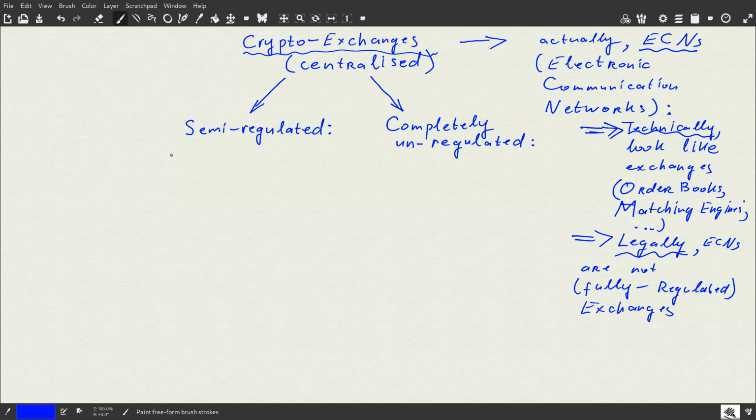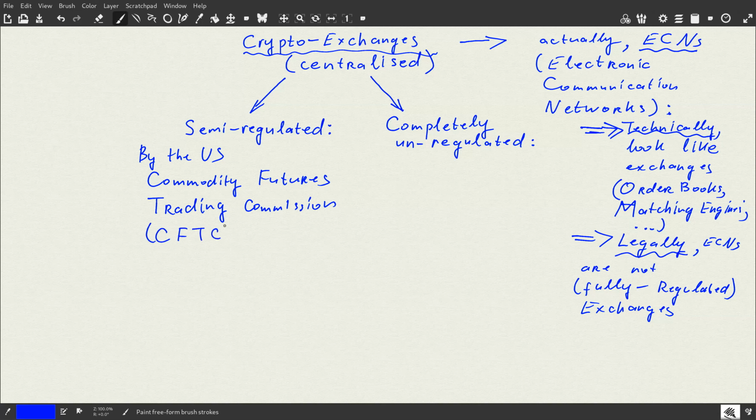So semi-regulated exchanges are those which are at least partially regulated, not by SEC, but by the US Commodity Futures Trading Commission, CFTC.